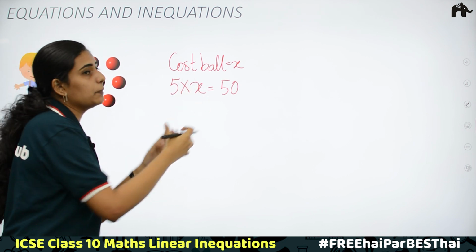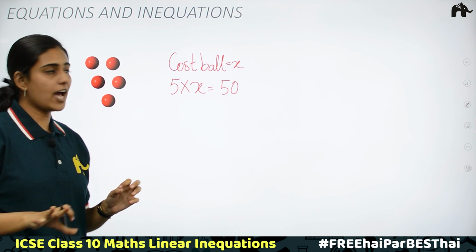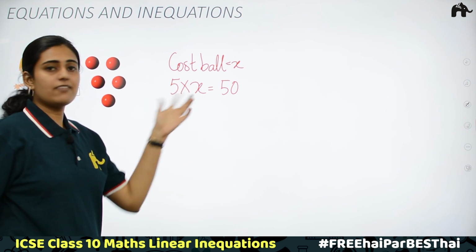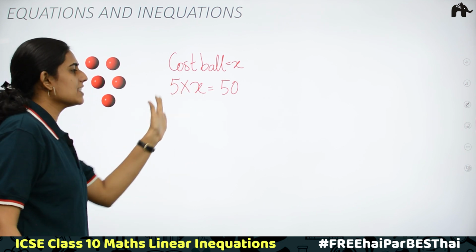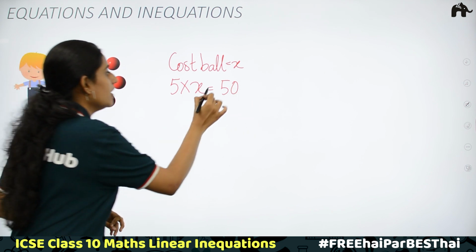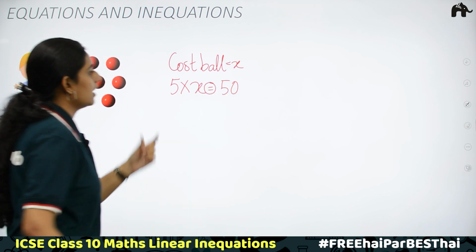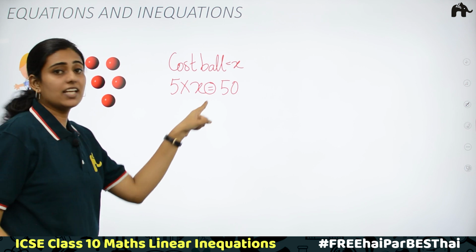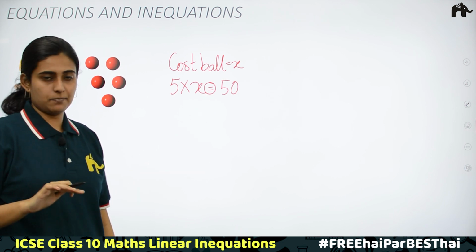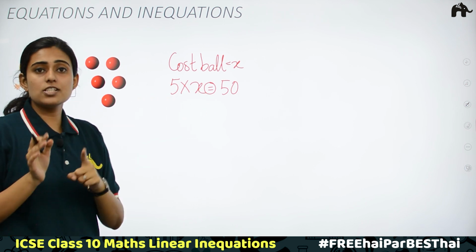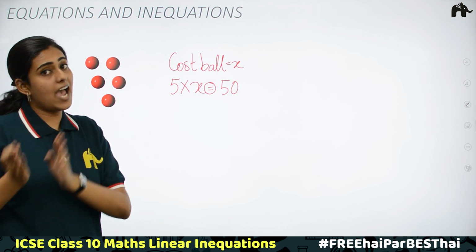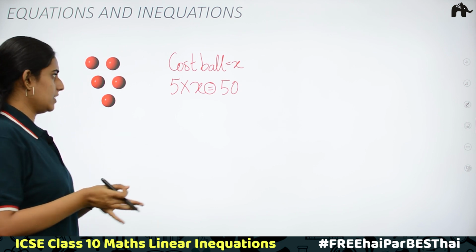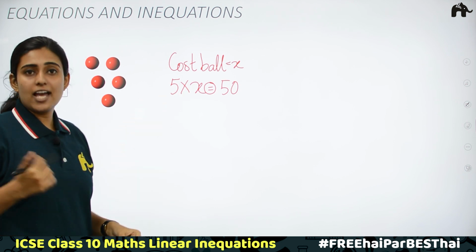That is why the shopkeeper took 50 rupees and gave him 5 bowls. From this I can find the value of X because LHS and RHS are equal. When you express an equation, we'll have an equal to sign in between. This sign shows the left hand side and right hand side are equal. Clear? From this I can find the value of X.